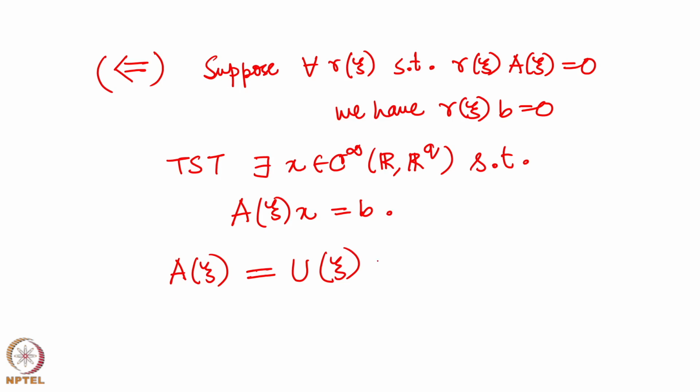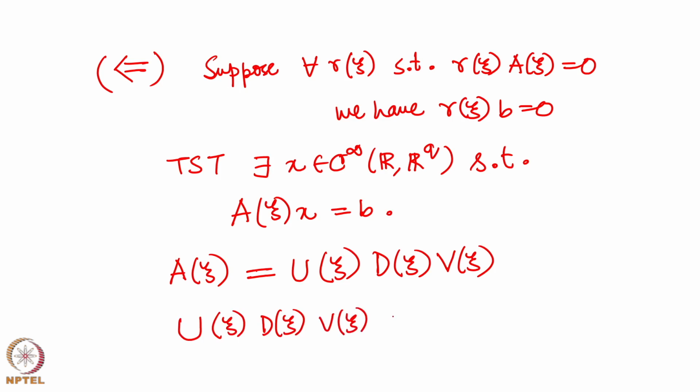So A(ξ) is of this form, U(ξ)D(ξ)V(ξ). And the equation that we are trying to solve will then turn out to be U(ξ)D(ξ)V(ξ)x is equal to B, isn't it? What we do is we define V(ξ)x as y.